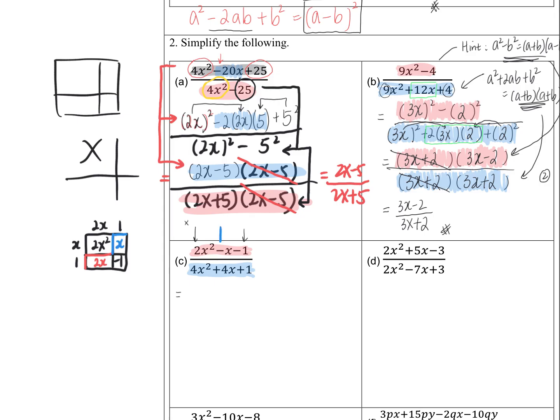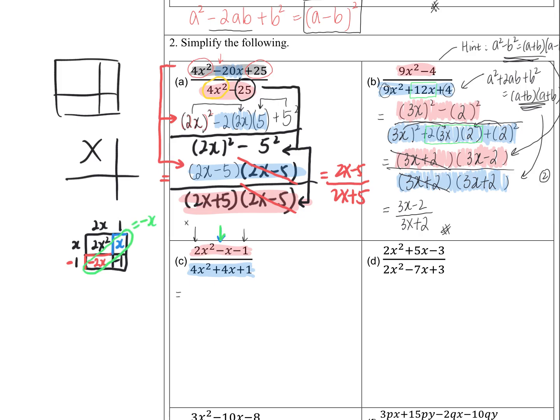But my objective is to get minus x. So between 2x and x, who needs to be negative? 2x. So this must be the negative 1, so that when I multiply, I get negative. And then when I check these two, I get minus x.